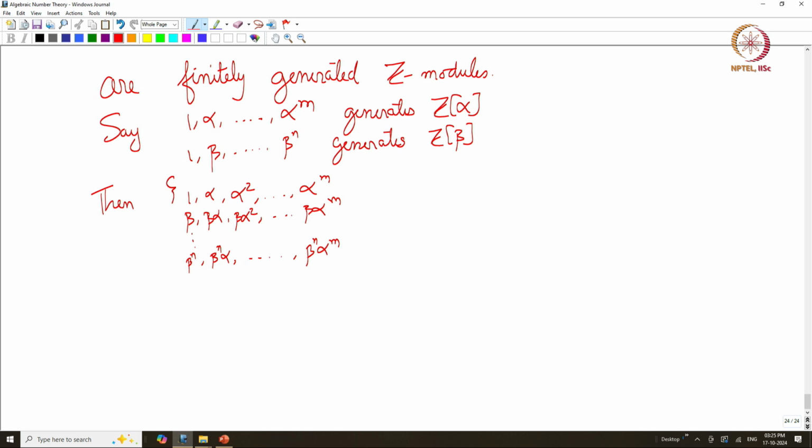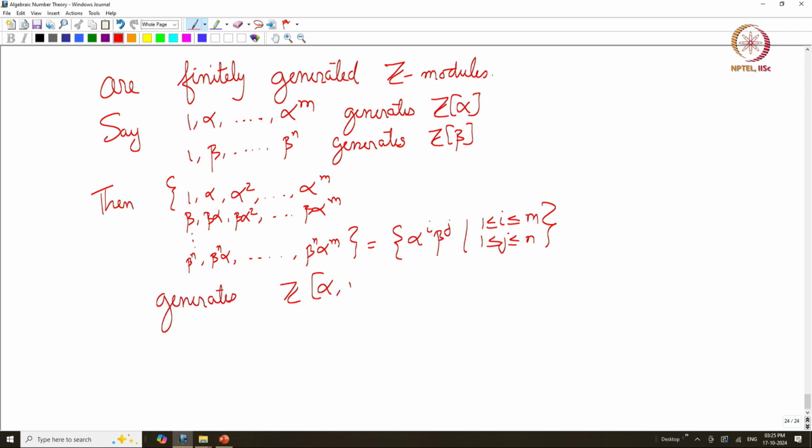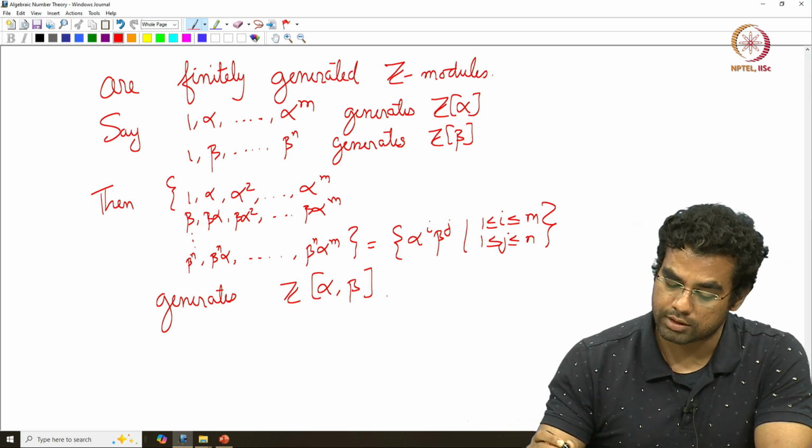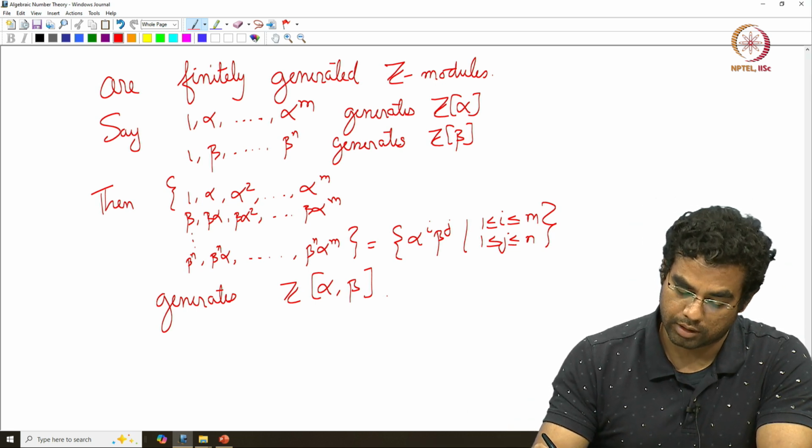So, how do I write this as a set? This is simply alpha to the i, beta to the j, such that 0 is less than or equal to i less than or equal to m, 0 is less than or equal to j less than or equal to n. This generates Z[alpha, beta], right, because Z[alpha, beta] consists of two variable polynomials over Z evaluated at alpha, beta.